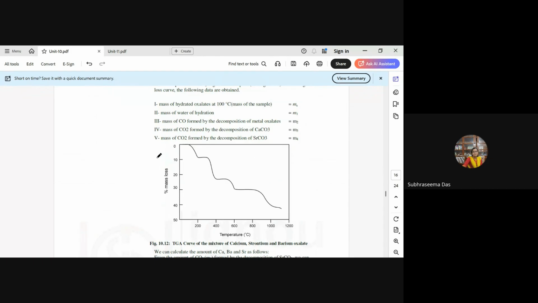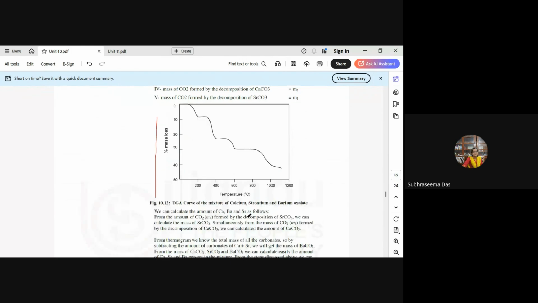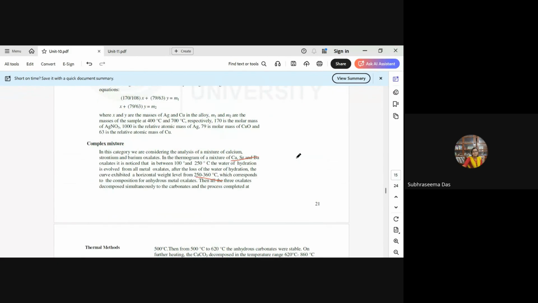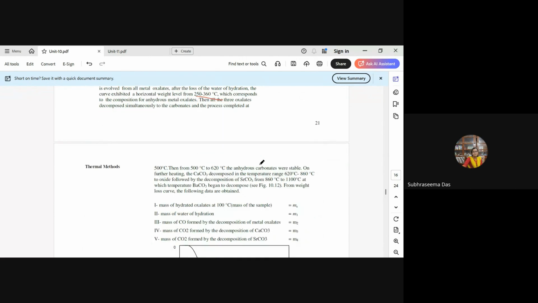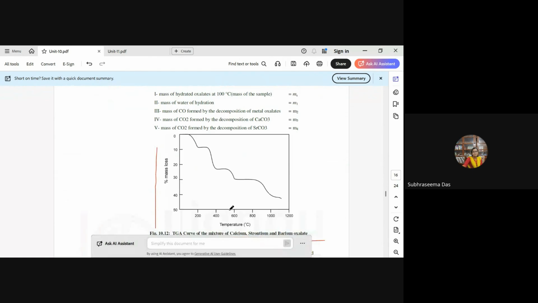So in figure 10.12, this is the TGA curve of the mixture of calcium, strontium and barium oxalate. You can see that all three oxalates decompose simultaneously to the carbonates, and the process is completed at 500 degrees centigrade.